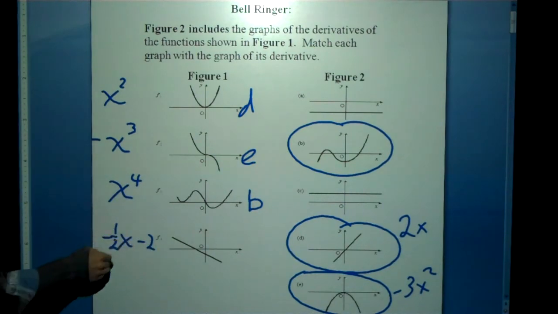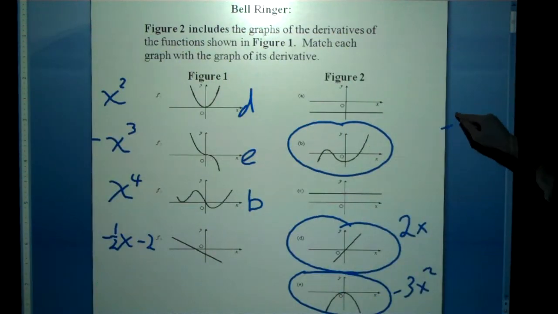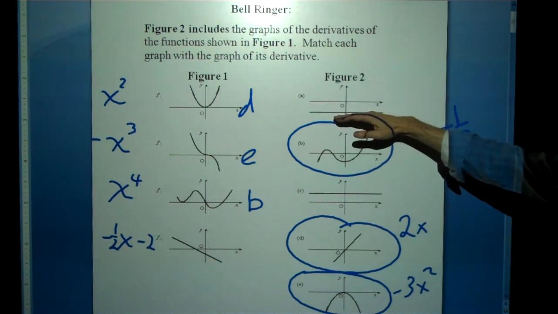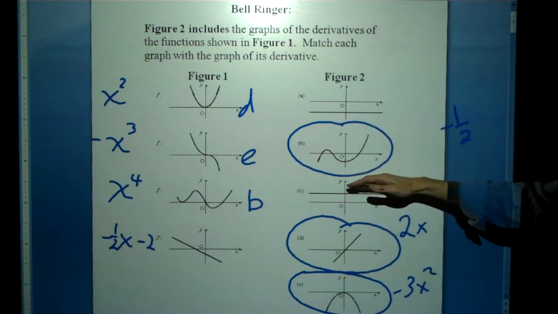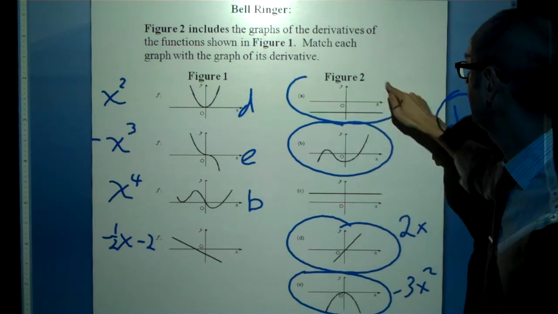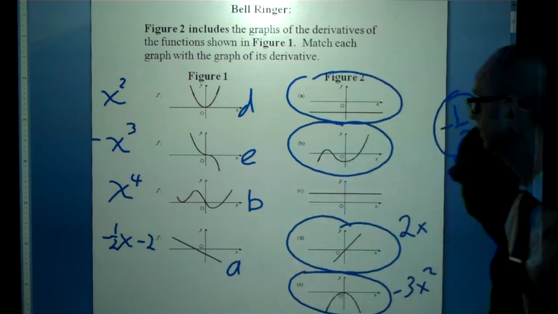And the negative 1/2 x is just going to turn into negative 1/2. So I've got y equals negative 1/2. I need to decide, is it going to be this one where it's below the x-axis, or is it going to be this one where it's above? It's got to be negative, and so it must be the one here in part A that was below the x-axis. So choice A.